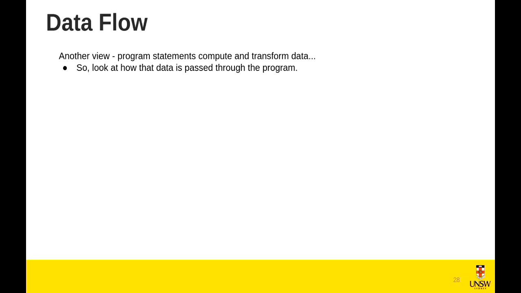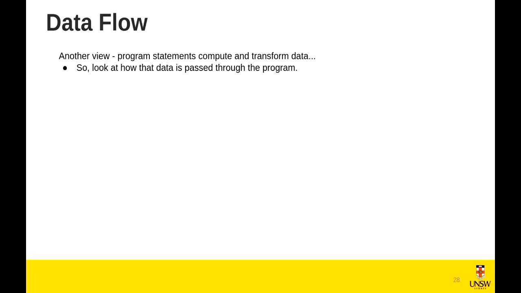So remember, in a control flow graph, we are viewing the program as a sequence of statements, and this sequence of statements controls how the program flows from one state to another. And we could have another view of the program.